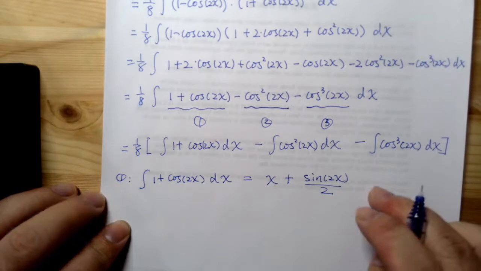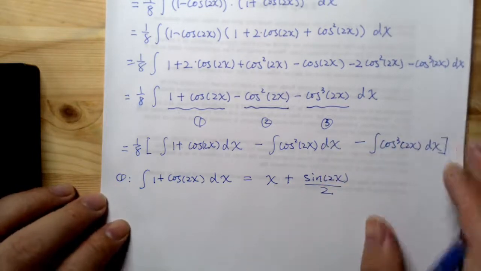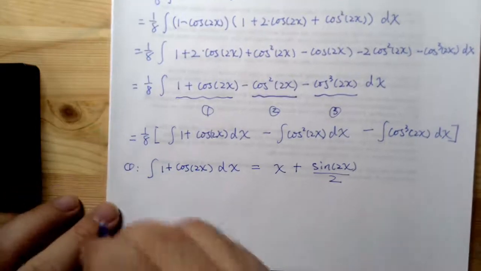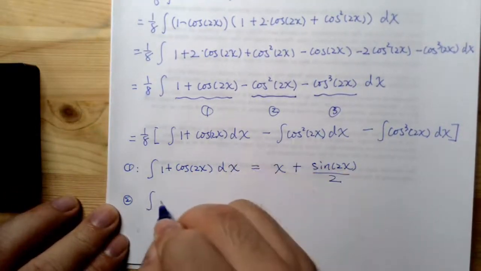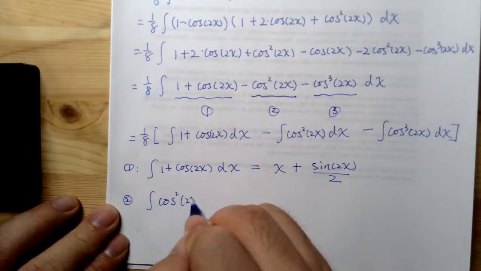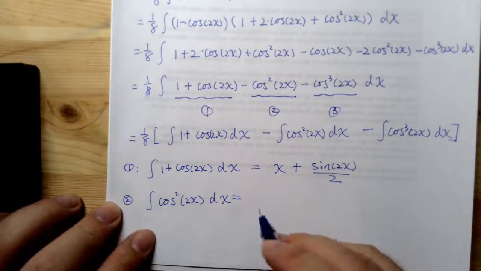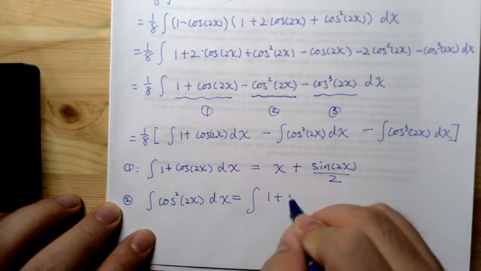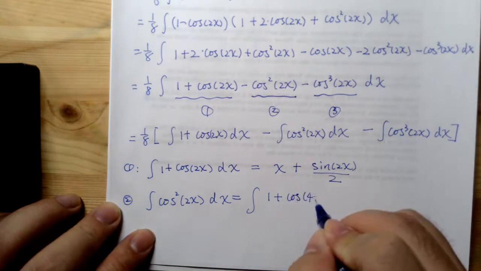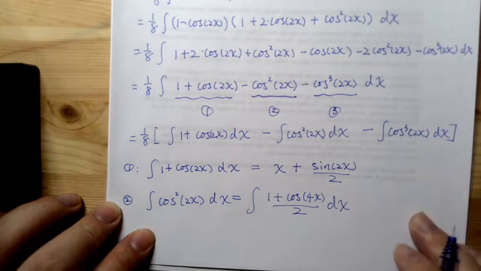I didn't write the actual constant because at the very end I'll add them up. So this is part 1. Part 2, which is here, is the integral of cosine squared 2x dx. Like we said, we can rewrite it into 1 plus cosine of 4x over 2, and then dx.